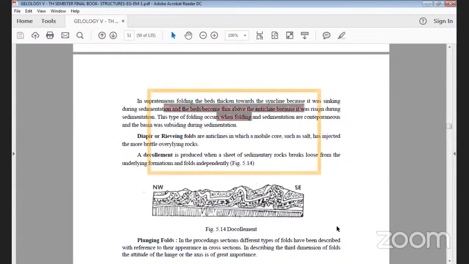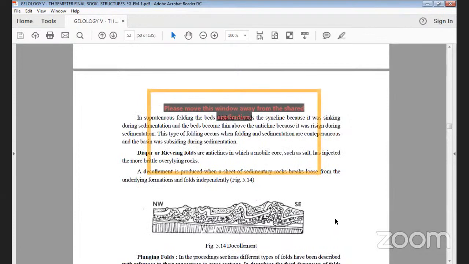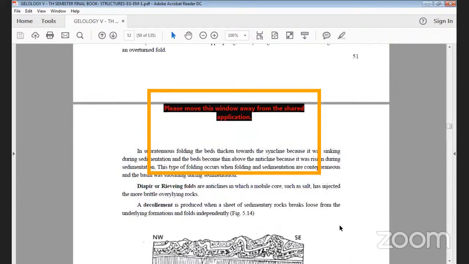And some diapirs. These diapirs are anticline formations which are available in a mobile core, such as salt, injecting into the more brittle overlying rocks. And decollement.